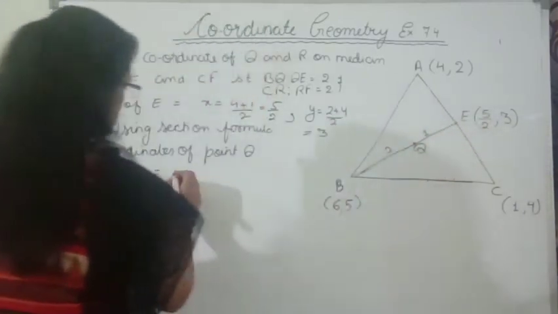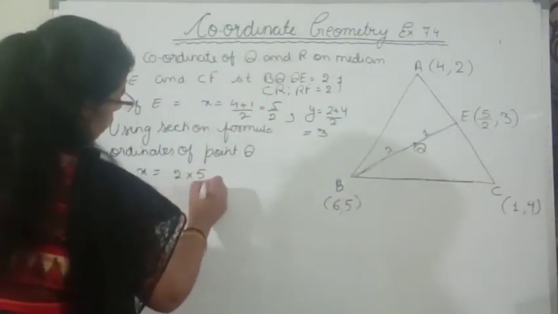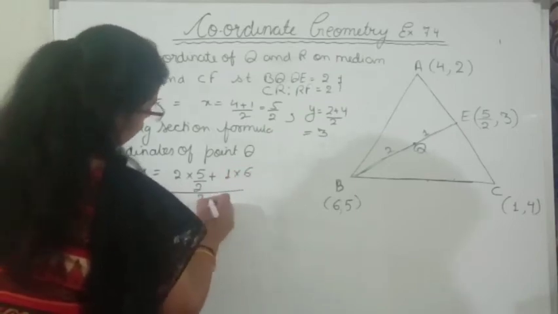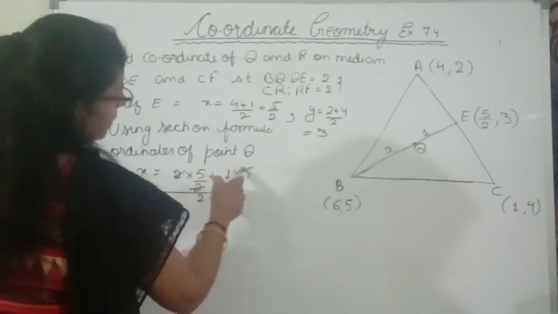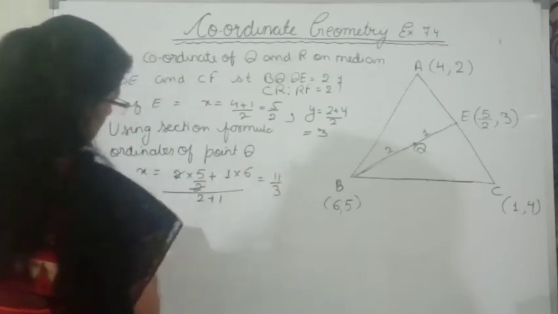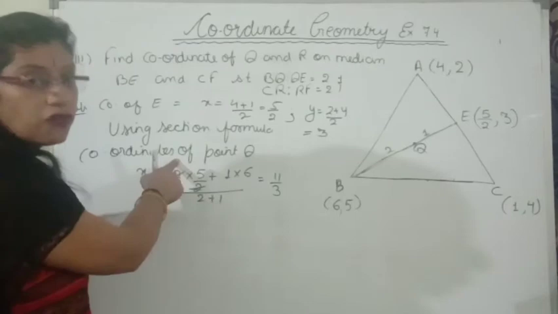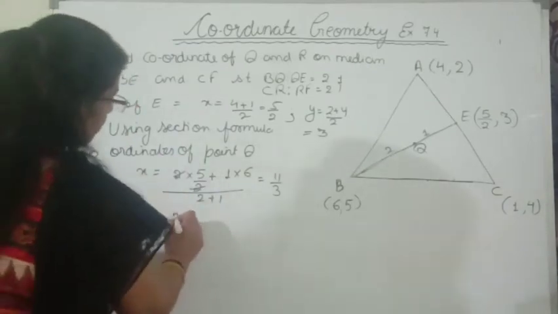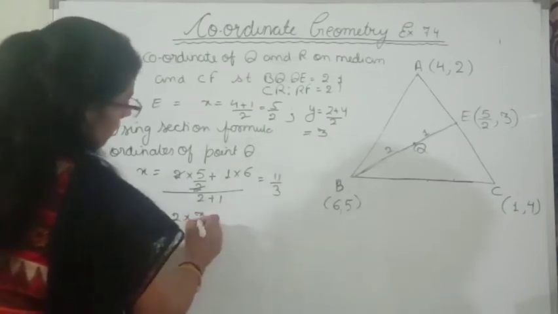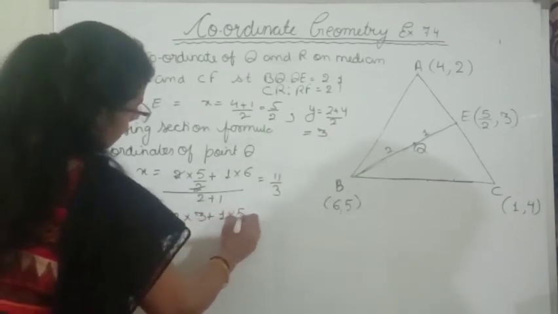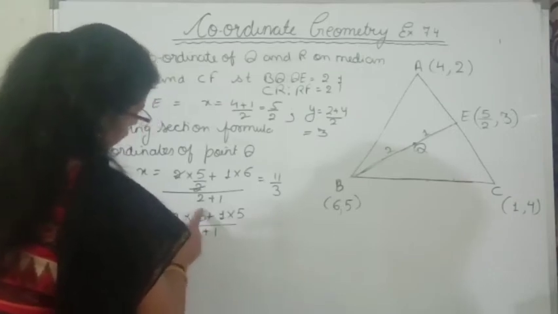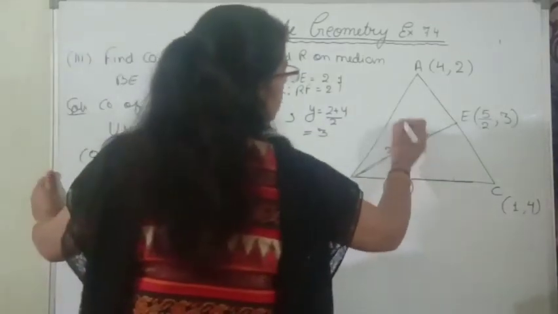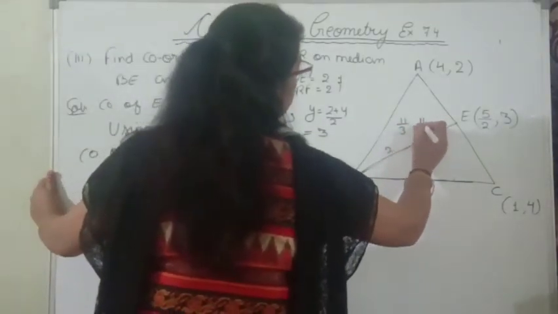M1 x2 means 2 into 5 upon 2, plus M2 x1, divided by M1 plus M2, 2 plus 1. 2 and 2 cancel, 5 plus 6 is 11 upon 3. Same way for the y coordinate, you will write the formula first. I have not written the formula, but you will write it. M1 y2, 3, plus M2 y1, 5, divided by M1 plus M2: 6 plus 5, 11 upon 3. So again you got the point 11 upon 3 and 11 upon 3.